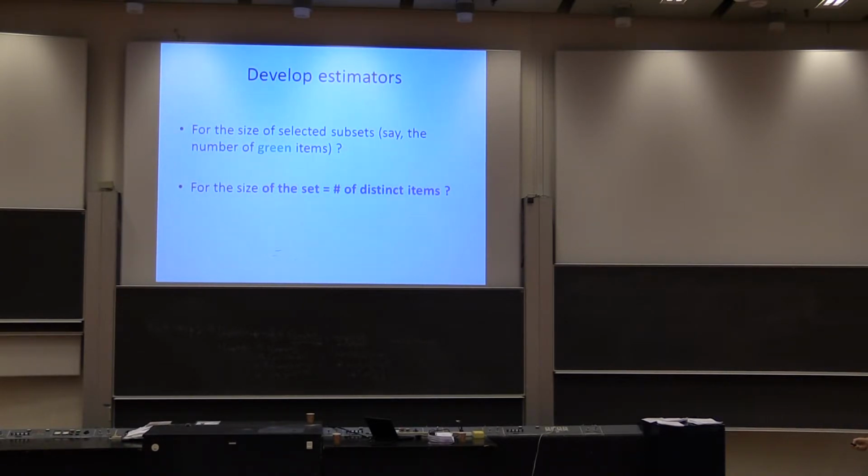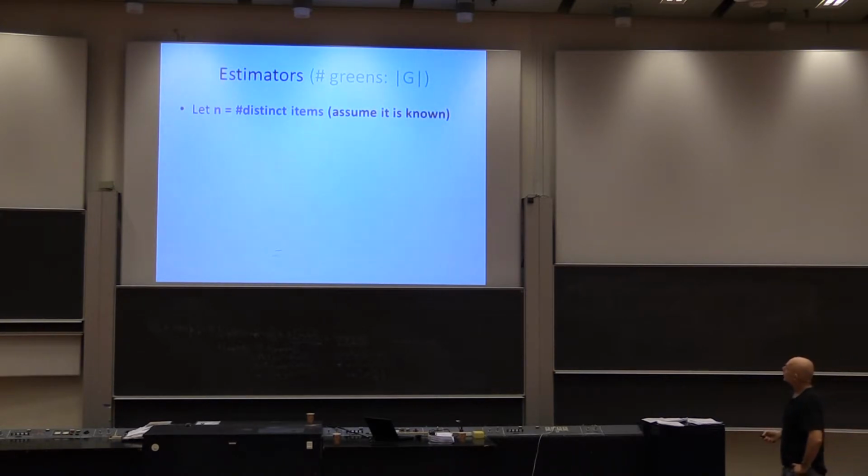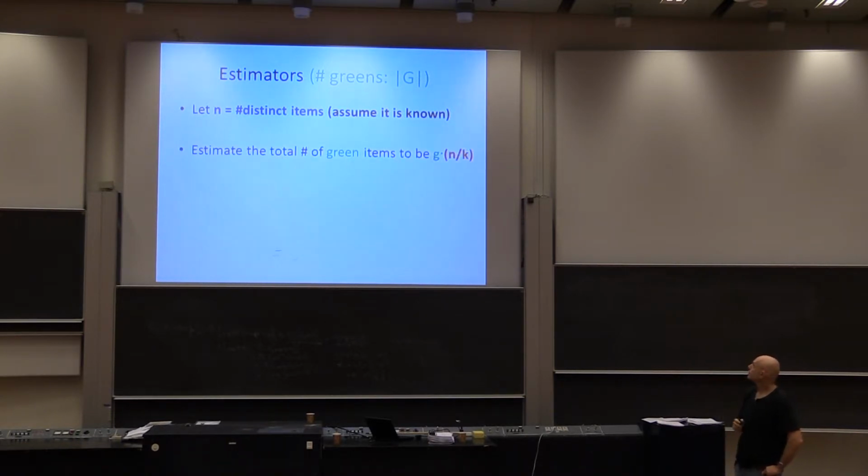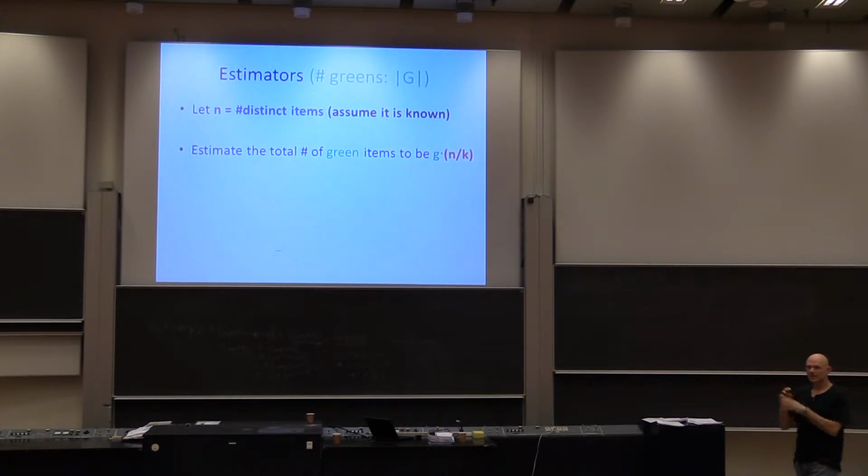Okay, so let's assume for a second that you know n, the number of distinct items. And you want to estimate the total number of some subset, say the green items, from your sample. This particular setting is very simple. It's very easy to do, and very intuitive what you do.